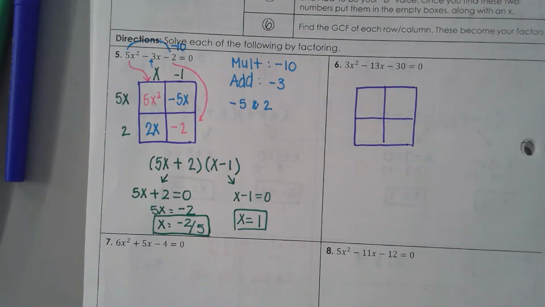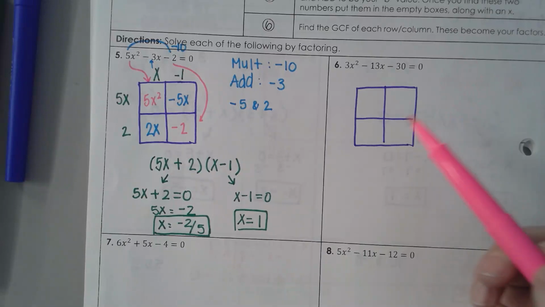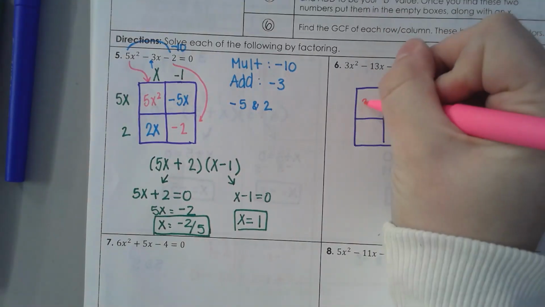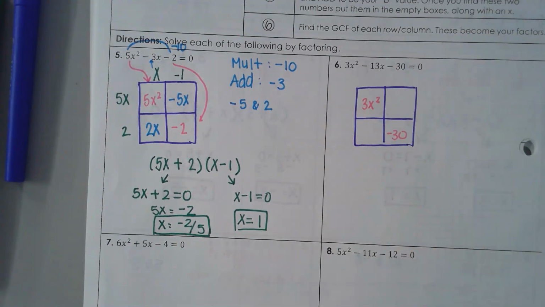Go ahead and fill in the two things in your box. Your ax squared and your c. Three x squared goes in the top, negative 30 goes in the bottom.